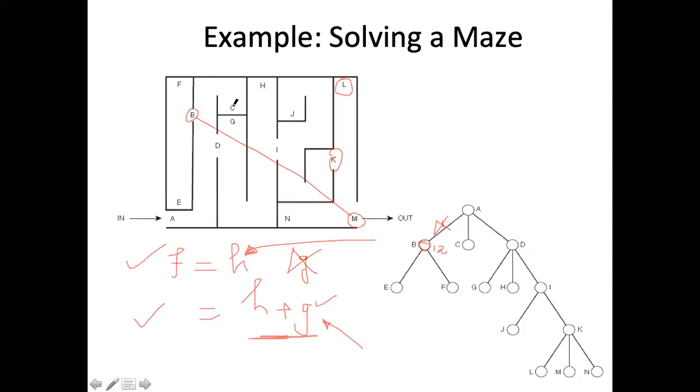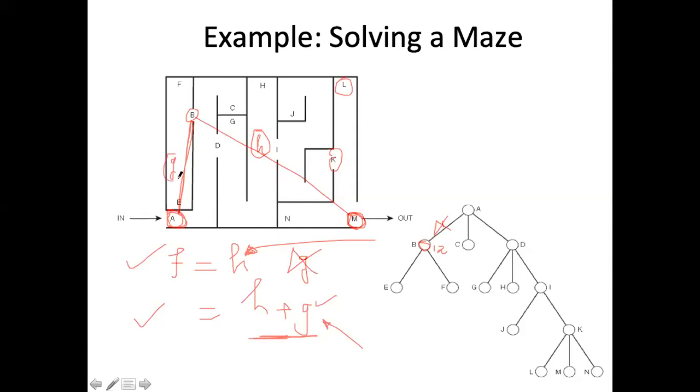G cost would always be with respect to your start node. G की जो वैल्यूएशन है that is always with respect to your start node, और F H की जो वैल्यूएशन है that is always with respect to your goal node. So B की जो पाथ कॉस्ट है that would always be the cost that you have incurred in reaching B from A, this would be the G factor. और H जो होगा that would always be from B to M. So जो भी ह्यूरिस्टिक आप यूज कर रहे हैं उस ह्यूरिस्टिक की वैल्यूएशन कीपिंग योर गोल नोड इन माइंड, that is what your heuristic cost will be.